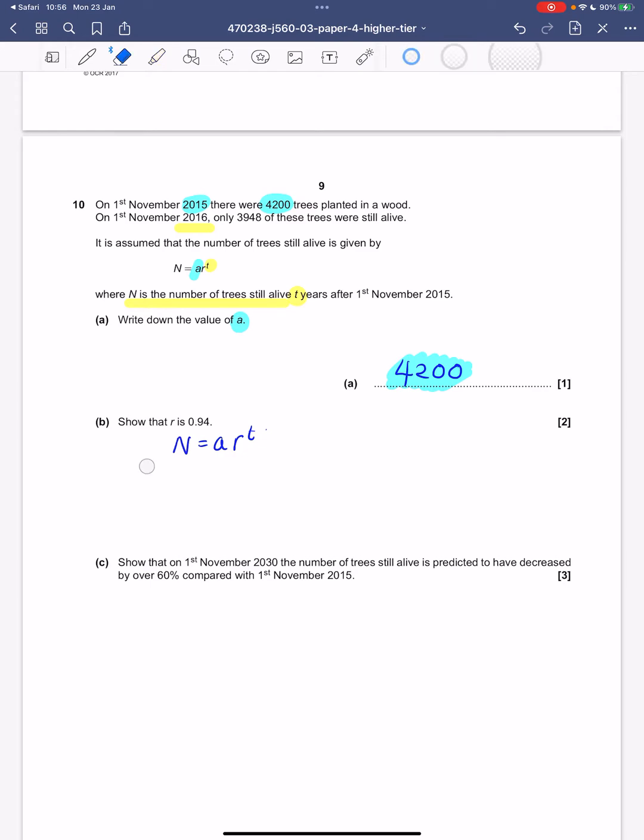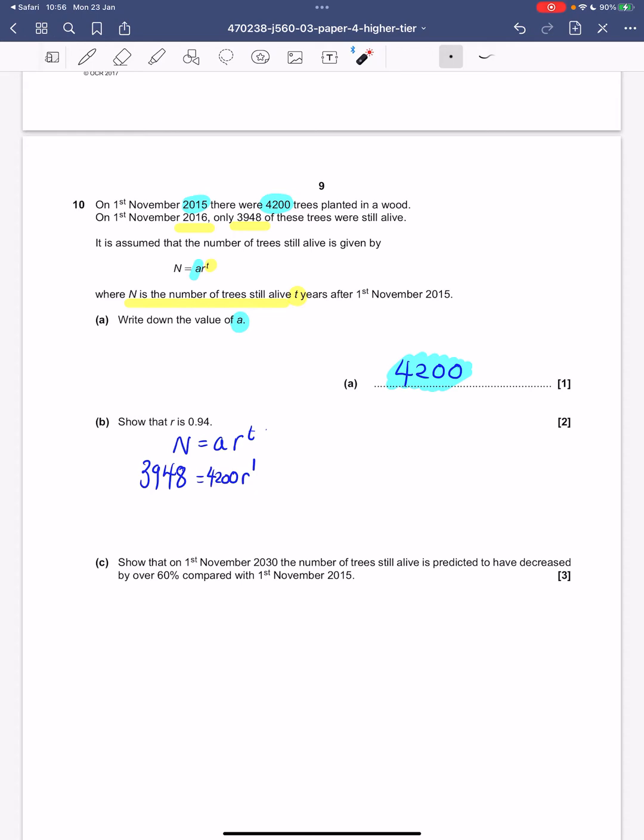So we've got 3948 when 1 year later, t is 1 and a is 4,200. That's the number after 1 year. The t is t years after, still alive. Well, 1 year later. I'll underline that yellow so they all go together.